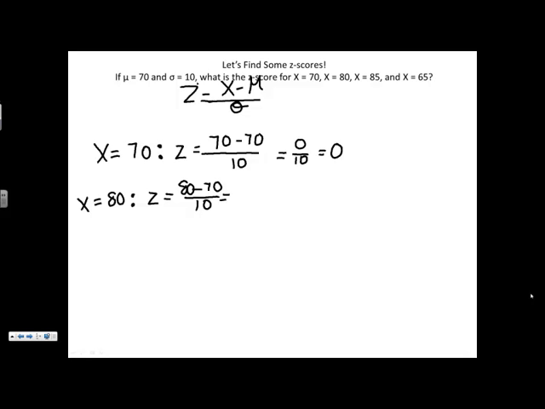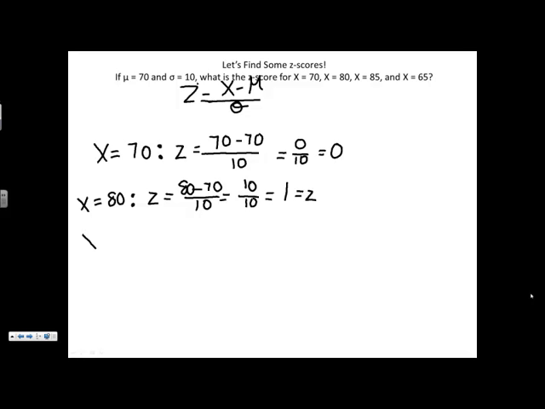So 80 minus 70 is 10, divided by 10, and it equals 1 for our z-score. So a score of 80 is 1 standard deviation above the mean. And that makes sense because 80 is 10 points above 70, and the standard deviation is 10. 70 plus 10 is 80.